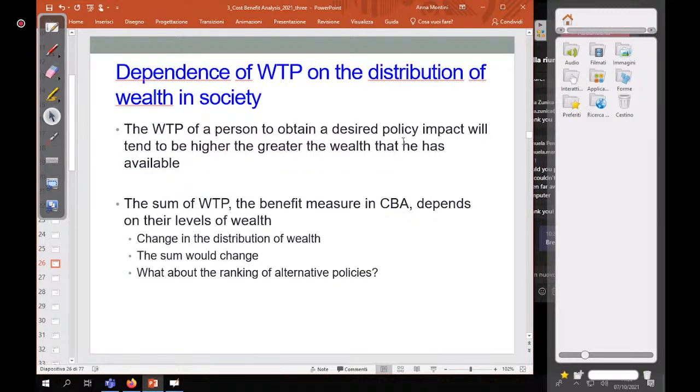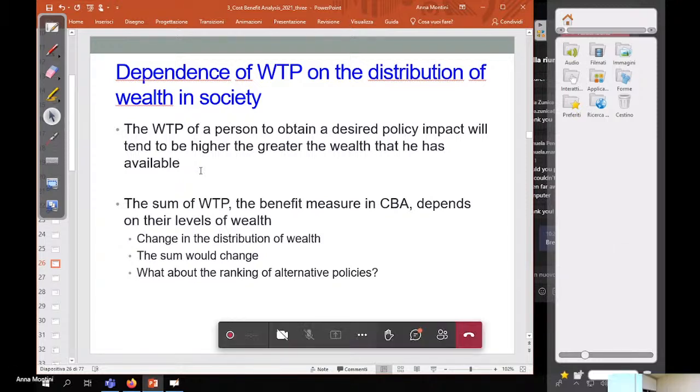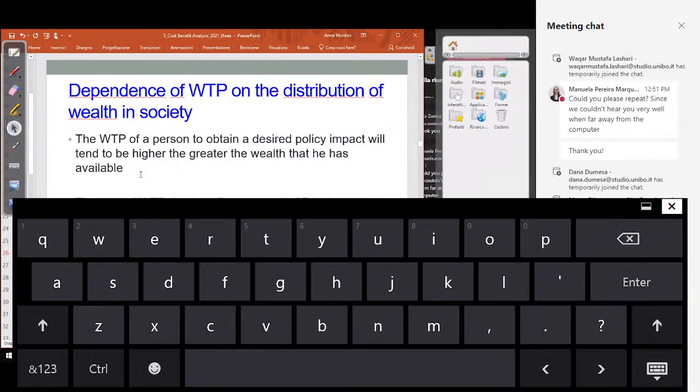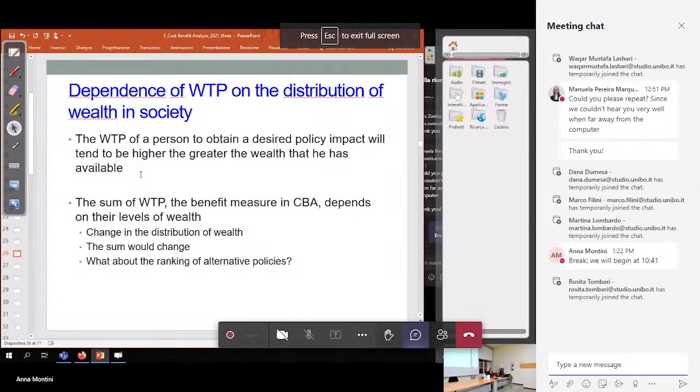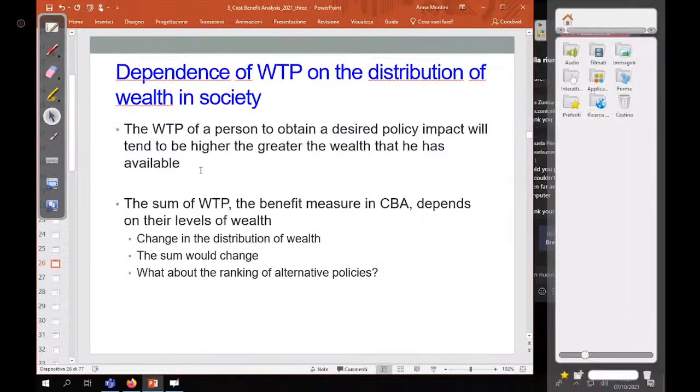Dependence of willingness to pay on the distribution of wealth in society. The willingness to pay of a person to obtain a desired policy will tend to be higher the greater the wealth that he or she has available. So, if I ask people about the willingness to pay, the values can be very high if I have people that are rich, okay?